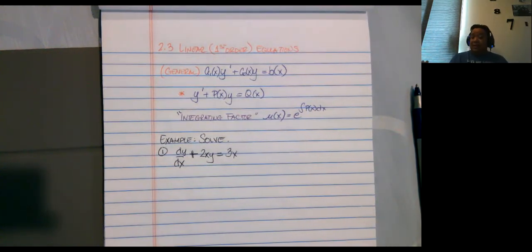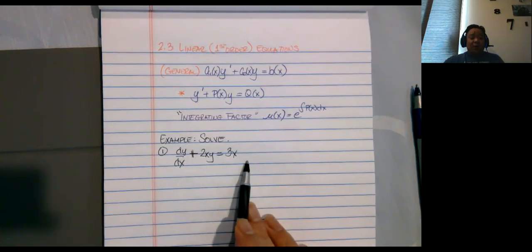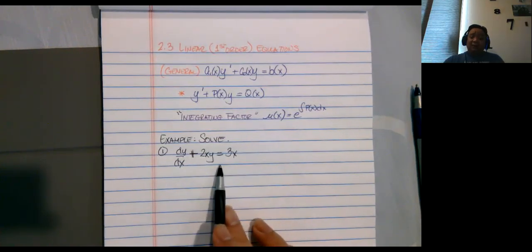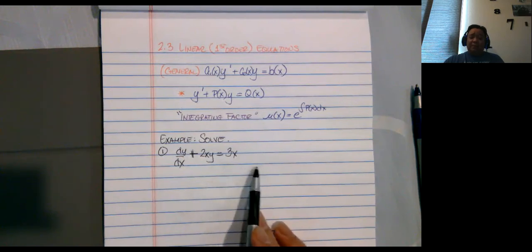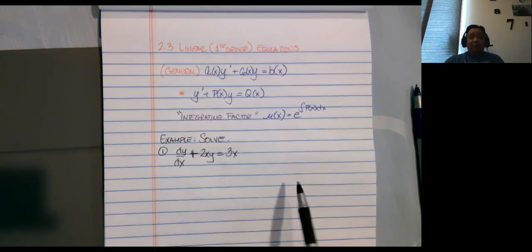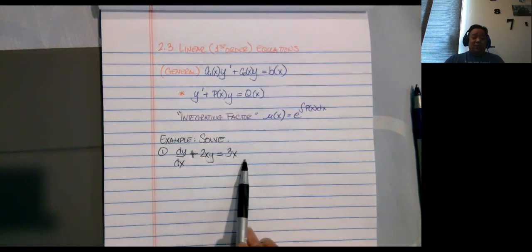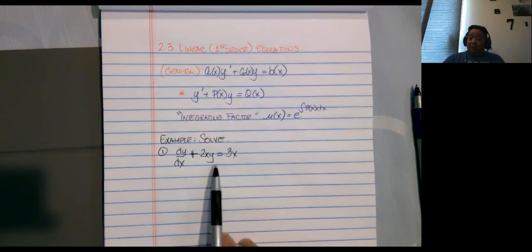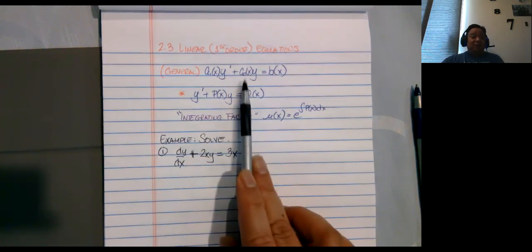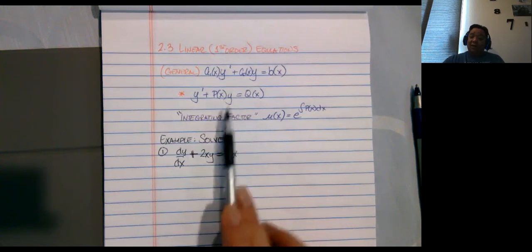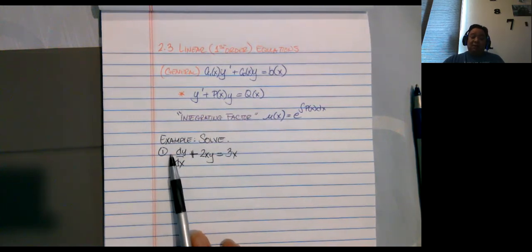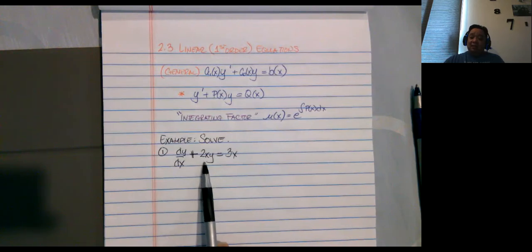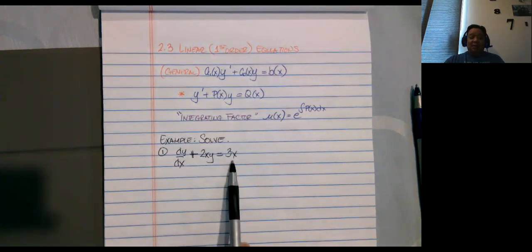Now note, this equation is actually separable. If I move the 2xy over and factor out the x, I should be able to separate the x from the y. So I can actually do this by separation of variables. But it is linear, right? So this is certainly in this form, but more importantly, it's already in this form as well. There's a 1 in front of the dy dx, and then this is my p of x, and that is my q of x.